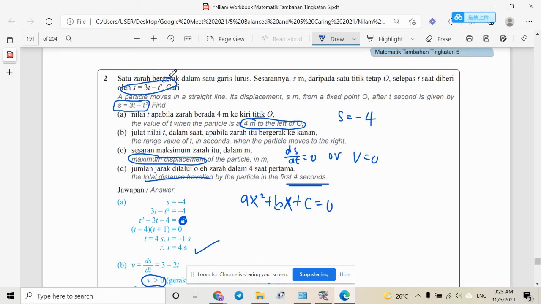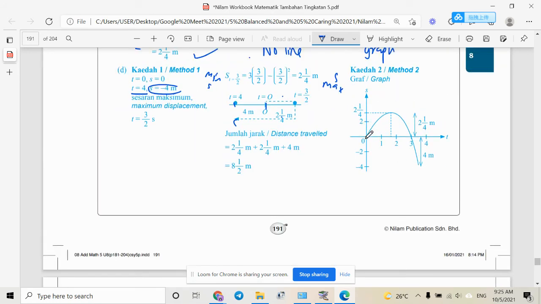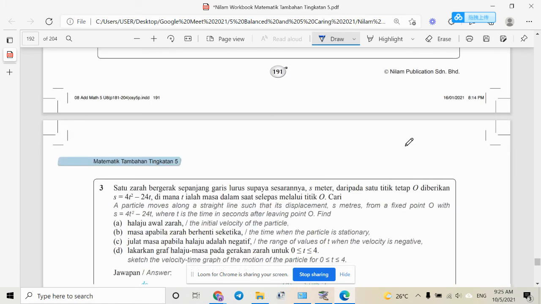See? So just draw quadratic graph. So you see a is negative, so you have the graph look like this. Just draw this quadratic graph, and then how you know the displacement? Here to here, you already travel 2 1/4. And then here to here also, 2 1/4. Here to here is 4. So just plus it, get the answer. So two methods, up to you which method you like.